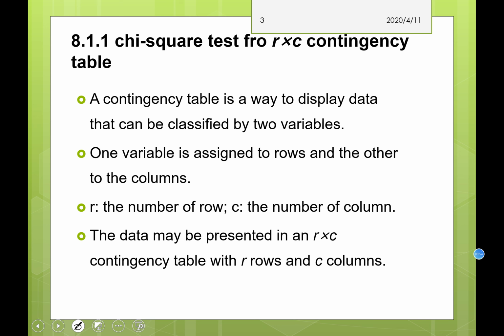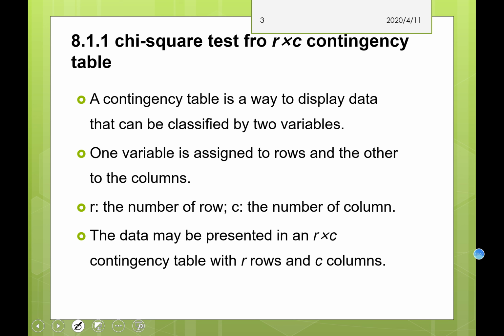If there is a total row, your contingency table should be R plus 1 rows. So here the R and C actually mean the rows and the columns without the total. If we use the grouping variable as the rows, that means there will be R groups in this study.